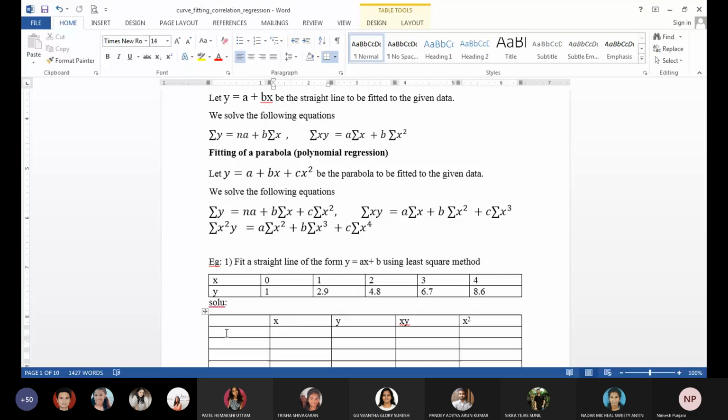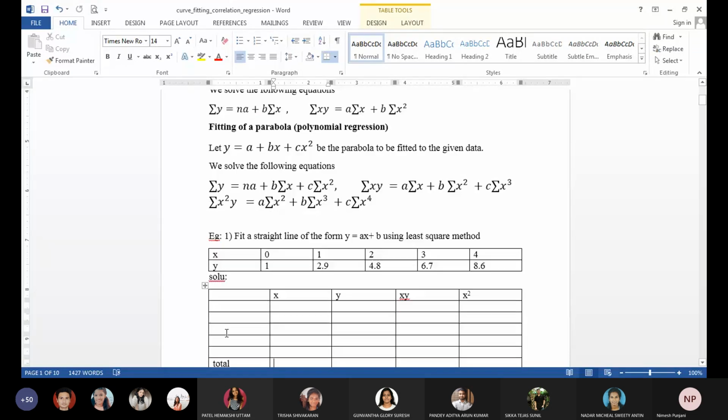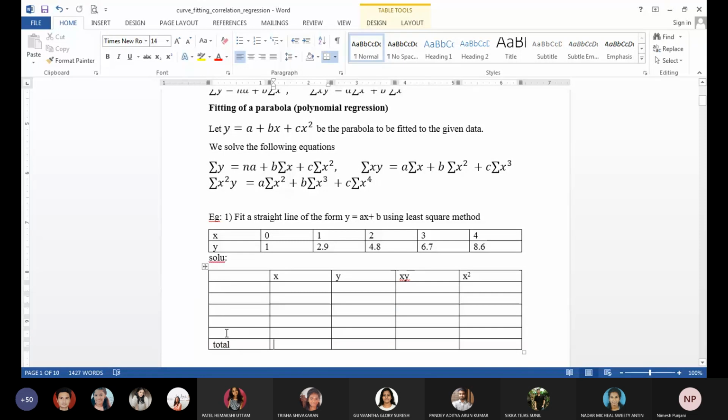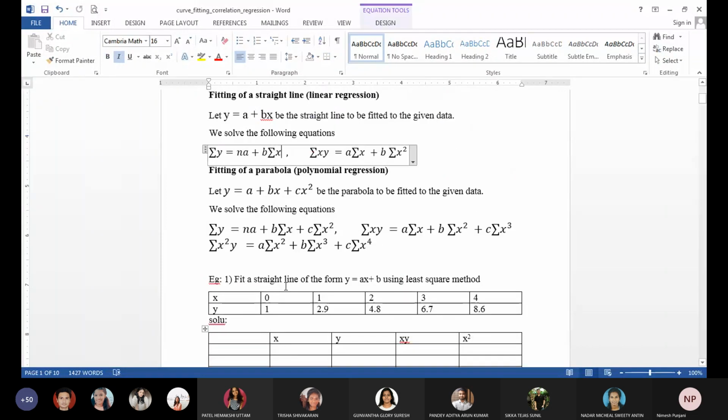So what we will do is make a table of this form. The first column will just have the title total, the second column will correspond to x, the third column to y, then the fourth column will be for xy and then x². Where did all this come from? It came from the two equations.